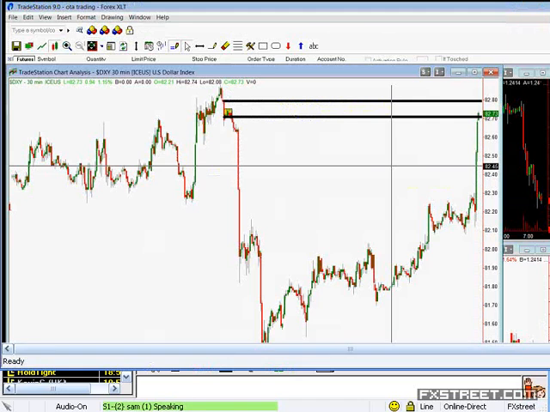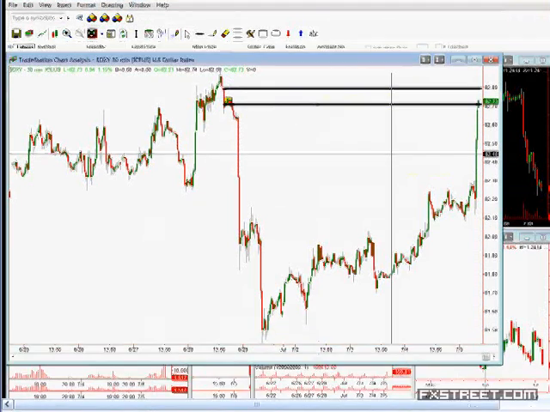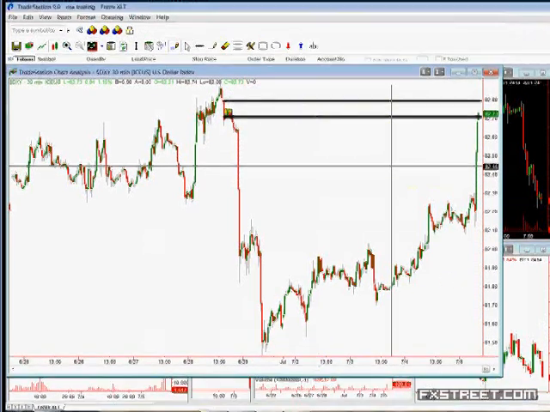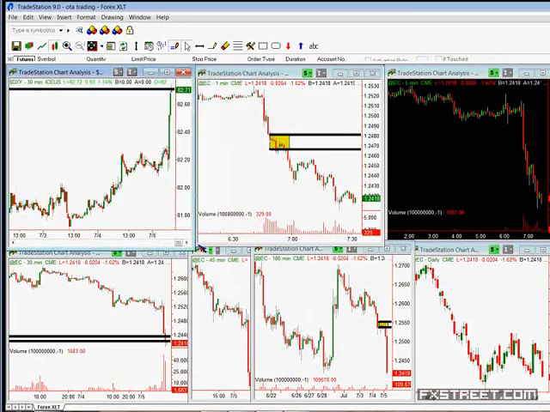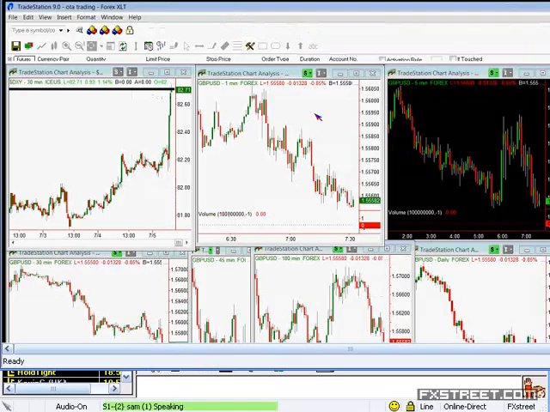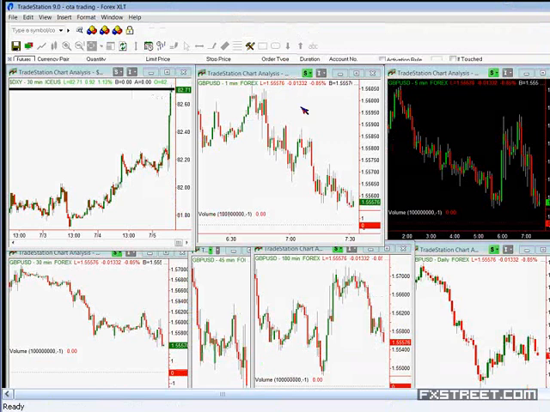Okay, let's go back to the live charts. So let's take a look. We've got our dollar there. Now let's go over to the British pound. We'll look at a different market. Okay, we're looking at the British pound.